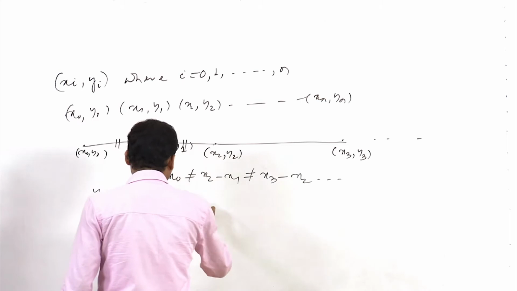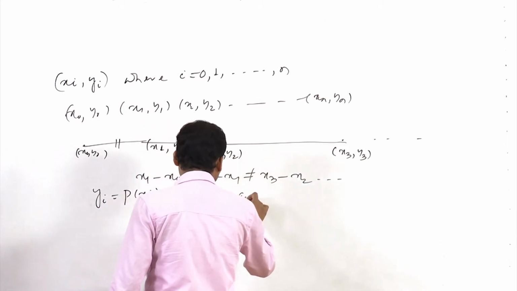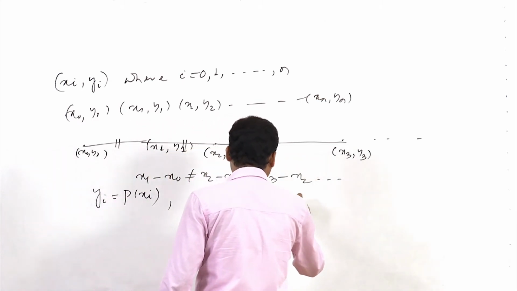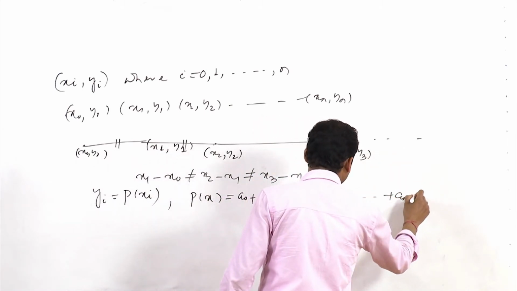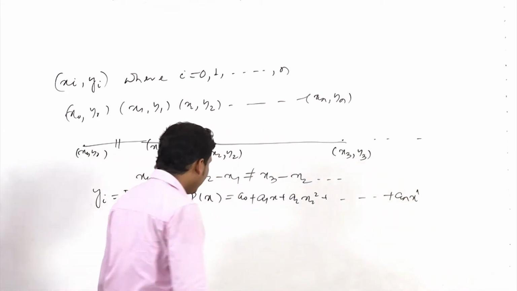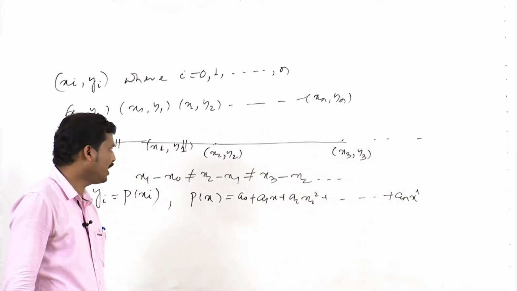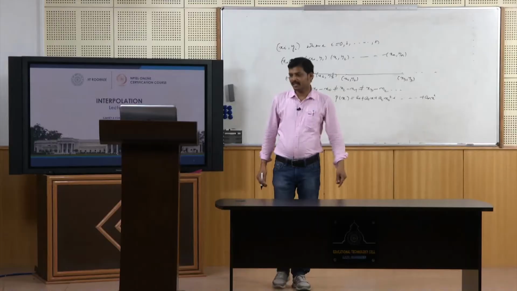where p of x can be written in the form a0 plus a1x plus a2 x square up to an x to the power n, where these coefficients a0, a1, a2 up to an are to be determined.